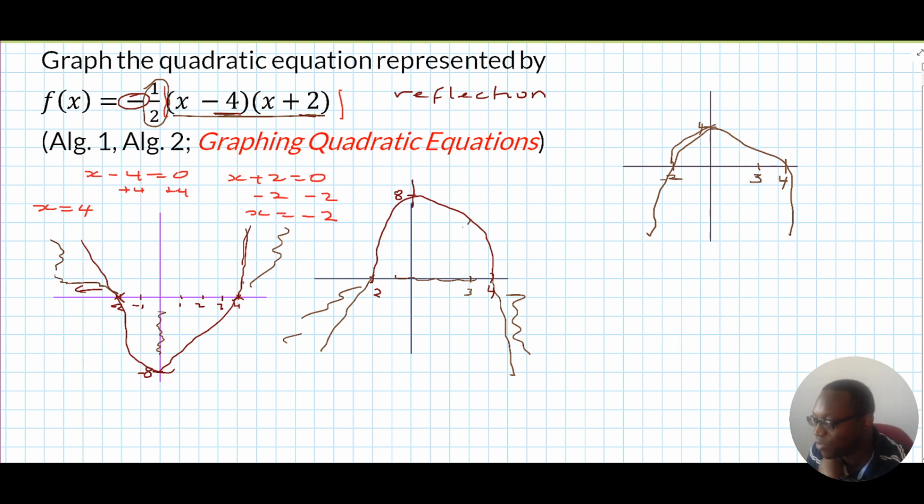So now you have this graph. This is your starting graph. Then here you have a reflection. You can actually do the 1/2 first. It doesn't matter. I like to do the reflection next. A reflection means that all your positive y values become negative, and all your negative y values become positive.